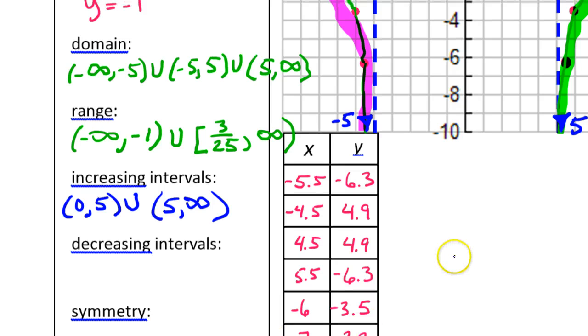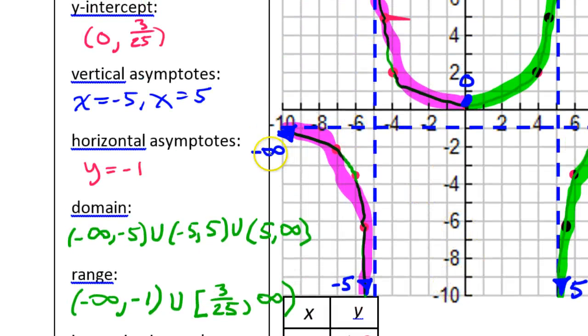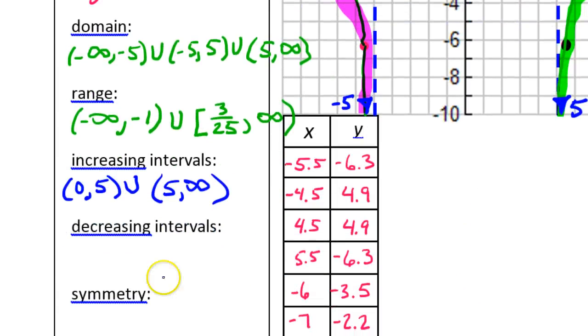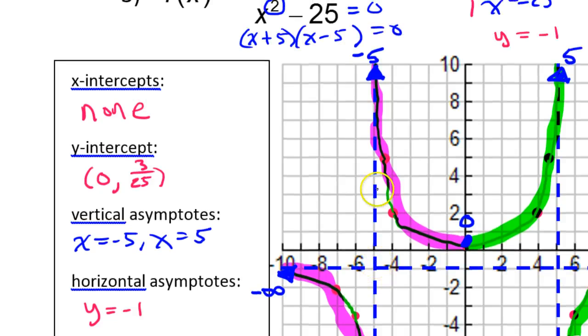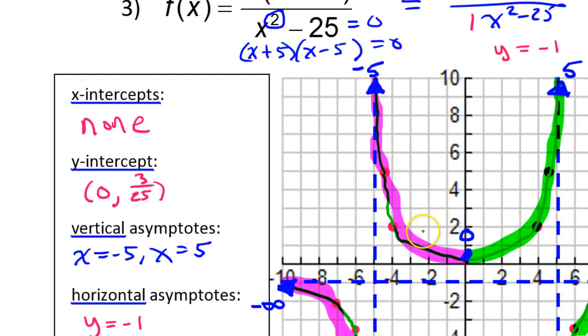Now for the decreasing intervals, or these pink ones, the first one goes from negative infinity to negative 5. Okay, and the second one goes from negative 5 to 0.